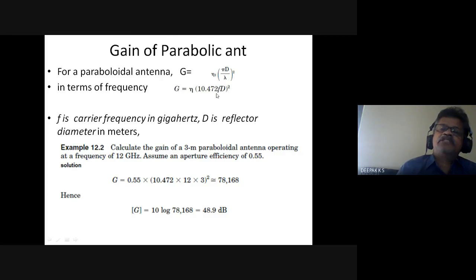That frequency is c by lambda. So here this pi is a constant, and you can write it in this form. So lambda square becomes f square in the numerator, and the other expressions c and pi, etc. can be calculated and put in terms of a constant. So this would become the expression for gain in terms of frequency.